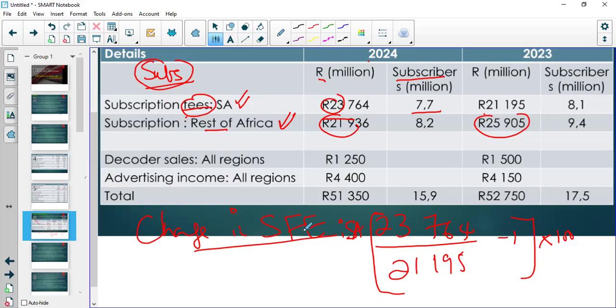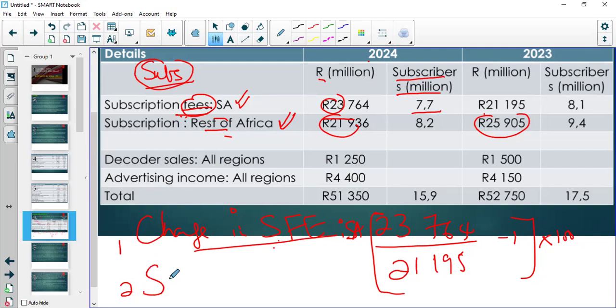Right, so the change in subscription fee, South Africa, rest of Africa, the same in percentage. And I say to you, I don't know whether this is 1 or 2, right? And then I can have subscription fee per subscriber, right?